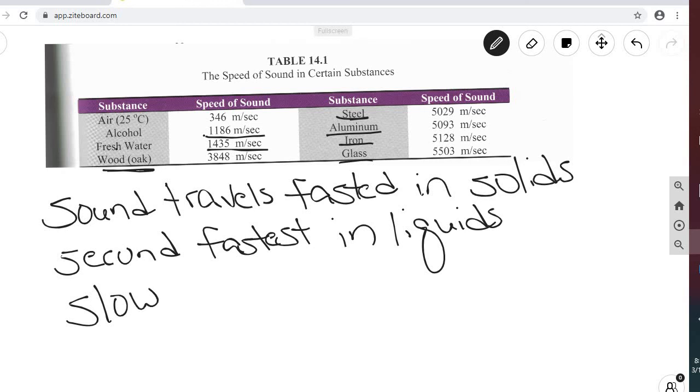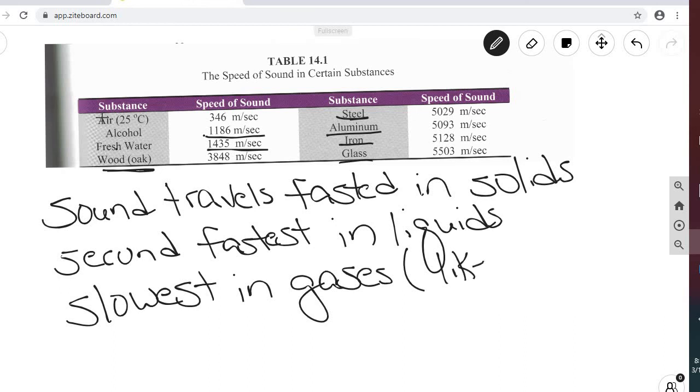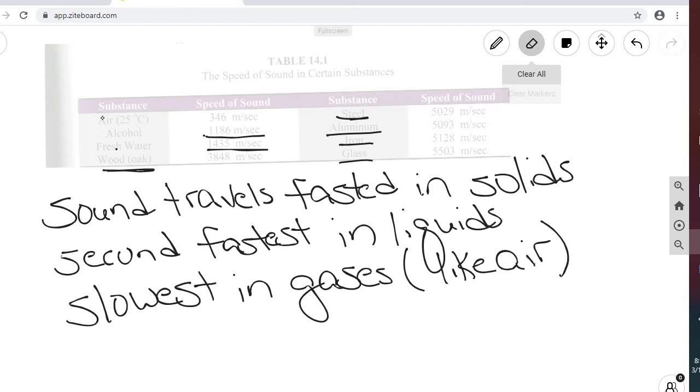So air is in the gas form, right? So sound travels slowest in gases like air or other gases. So the important thing here is that sound can travel through substances other than air, and in fact it travels faster through both liquids and solids than it travels in air.